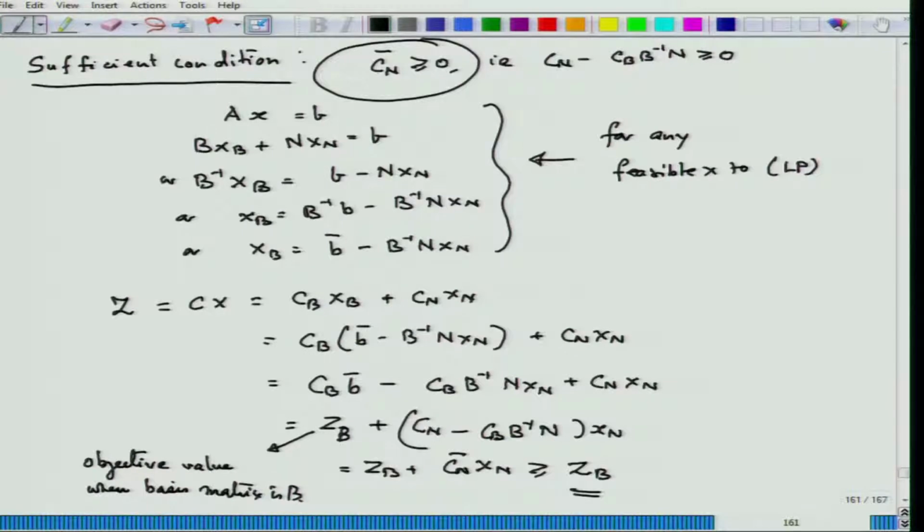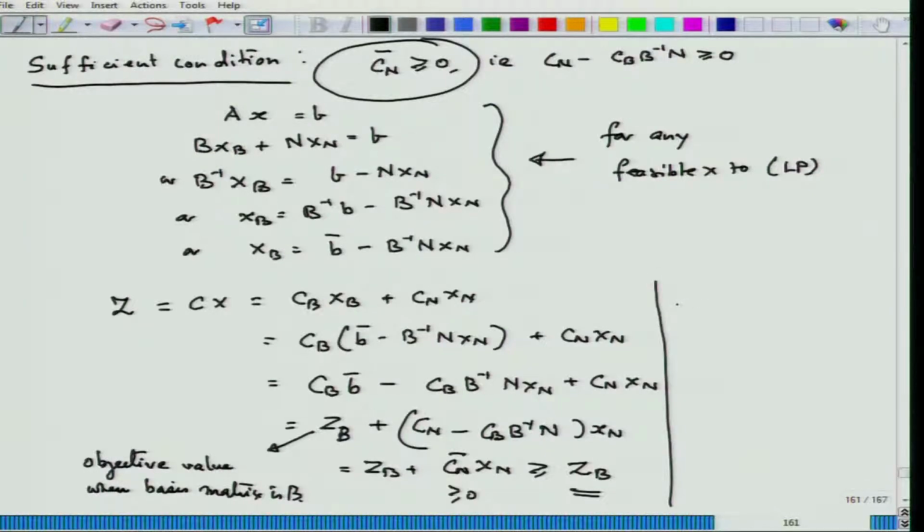So, here you see I have proved that because Cn bar is greater than or equal to 0, Zb is the optimal value. Why? Because Zb is the value of z at xb, which is B inverse b, and x is any feasible point. So, the objective value at any feasible point is bigger than the value at the particular BFS, and hence the particular BFS is optimal.